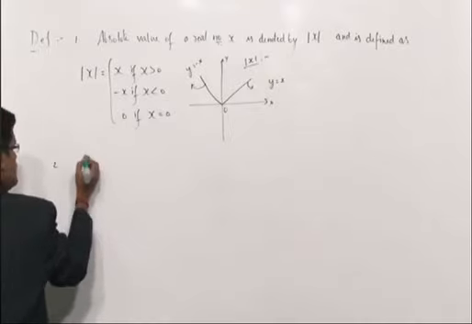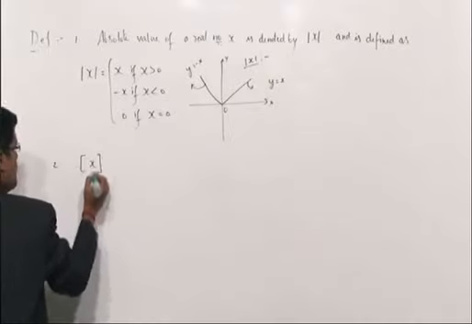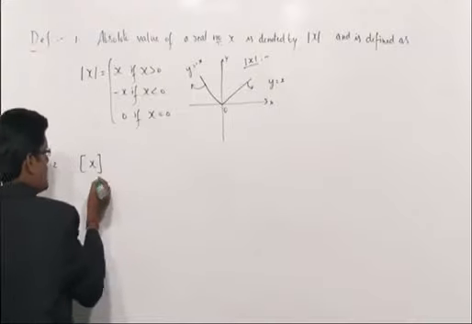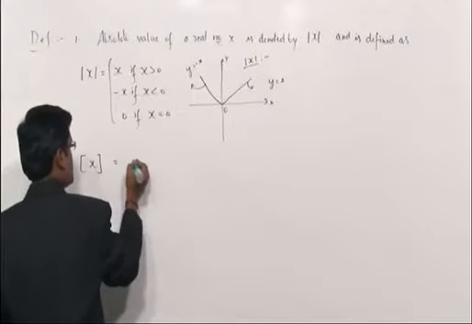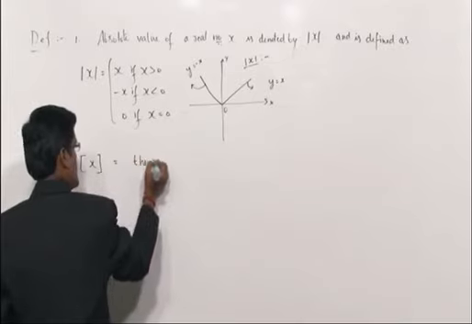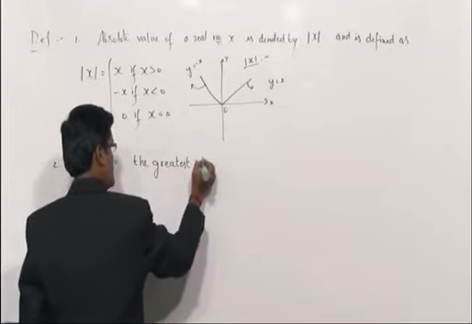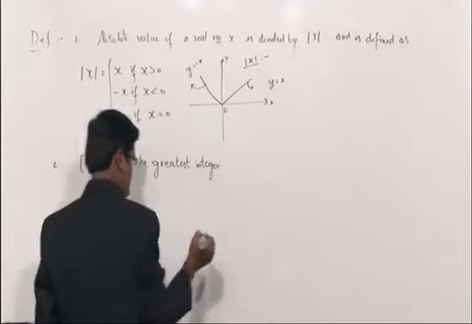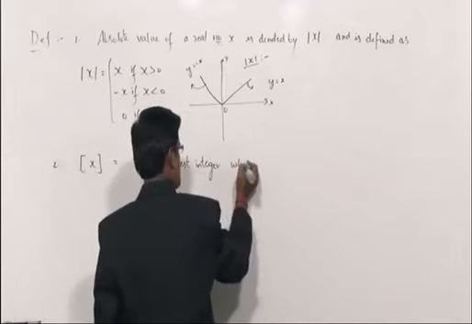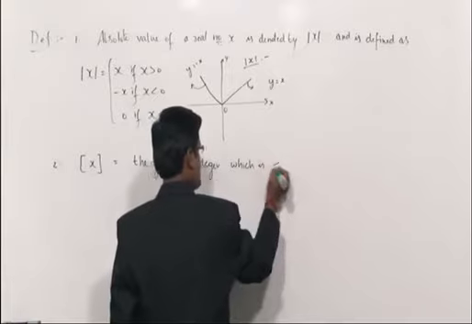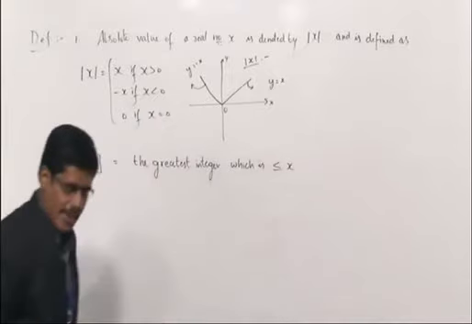Two, this is the step function or bracket function, that is the greatest integer part function. It is equal to the greatest integer which is less than or equal to x, where x is a given real number.